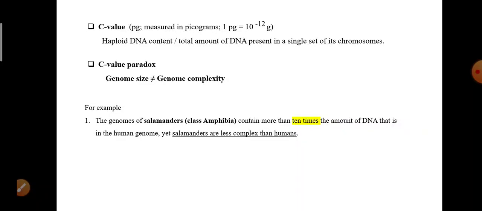For example, the genome of a salamander contains more than 10 times the amount of DNA that is in the human genome. Yet, salamanders are less complex than humans. You might think that salamanders have more than 10 times the DNA of humans, but humans are more complex than the salamander. And this inconsistency is termed the C value paradox.